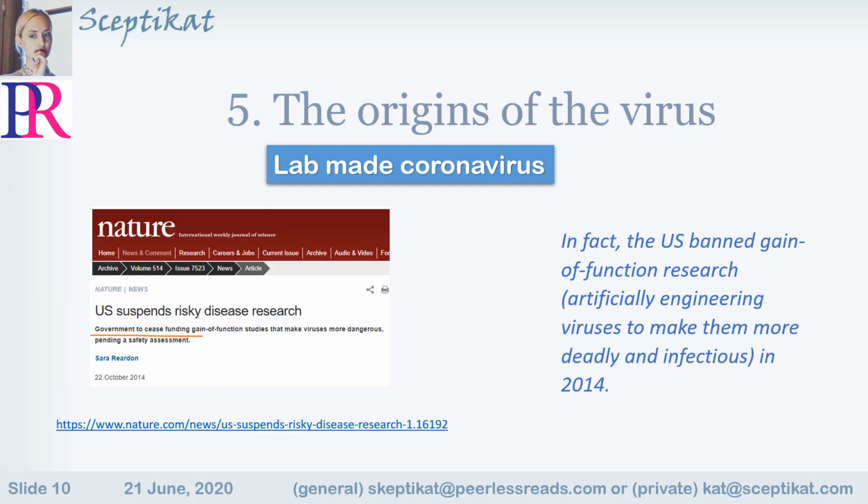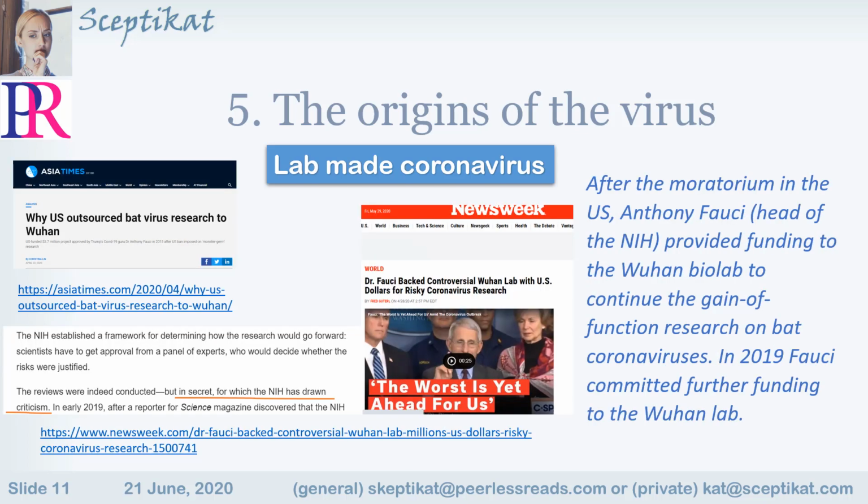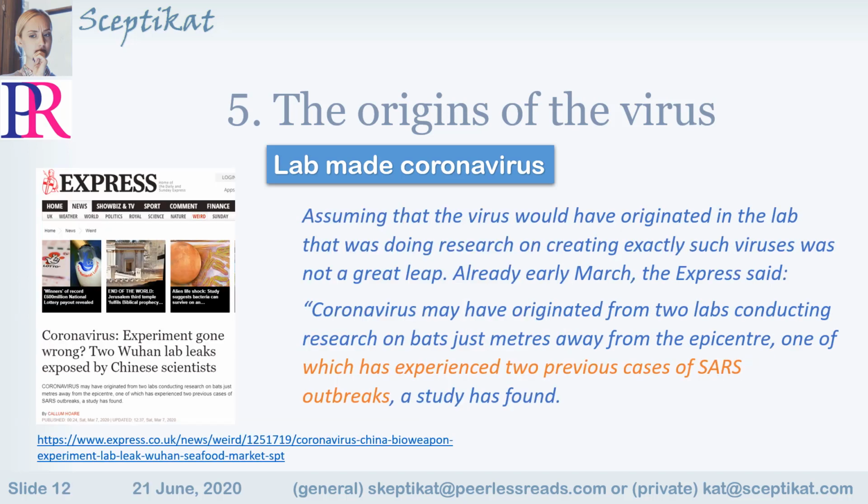In fact, the US banned gain-of-function research, artificially engineering viruses to make them more deadly and infectious, in 2014. After the moratorium in the US, Anthony Fauci, head of the NIH, provided funding to the Wuhan biolab to continue the gain-of-function research on bat coronaviruses. In 2019, Fauci committed further funding to the Wuhan lab.